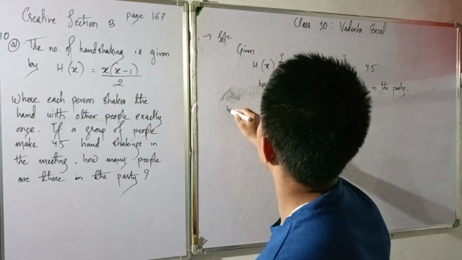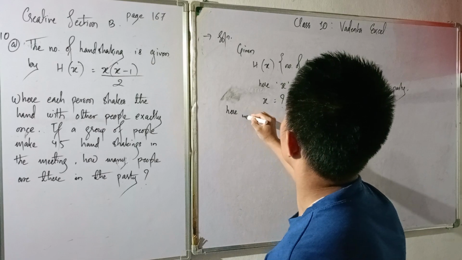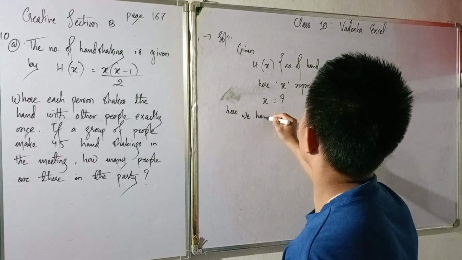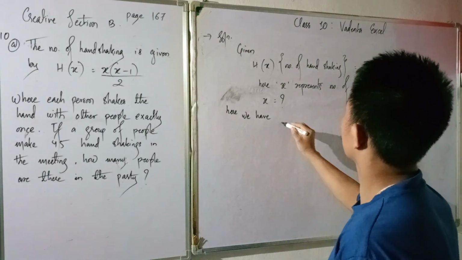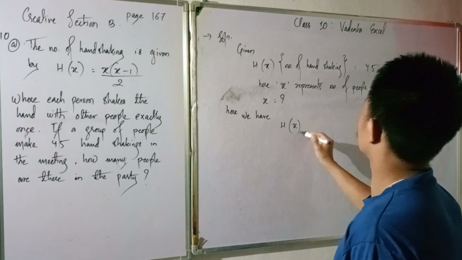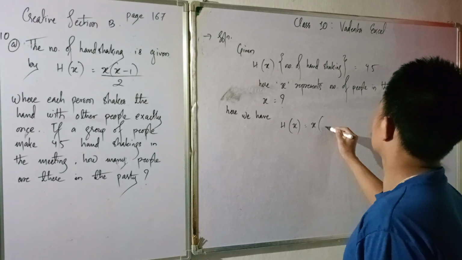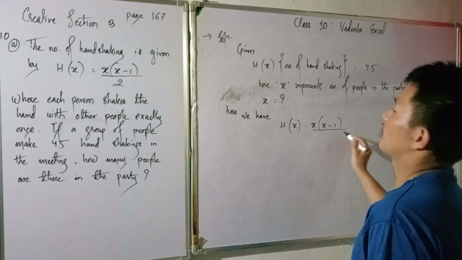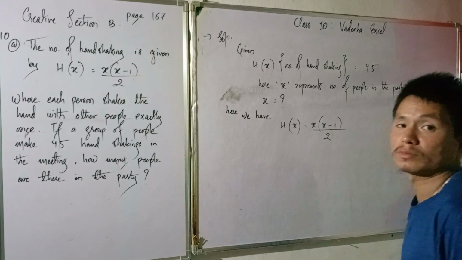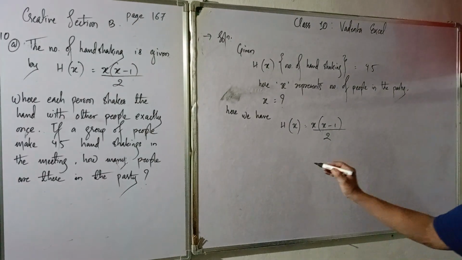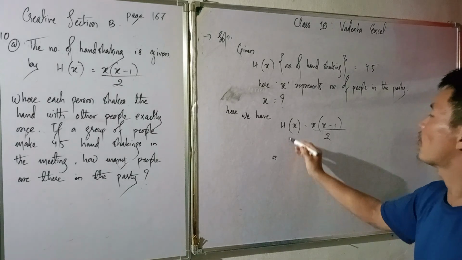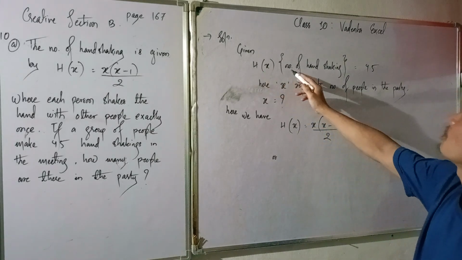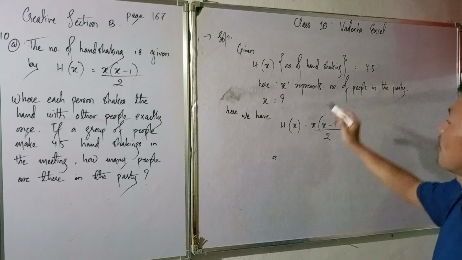Here we have A(x) equals x(x minus 1) divided by 2. What is the value of A(x)? A(x) represents the number of handshakings, that is 45.